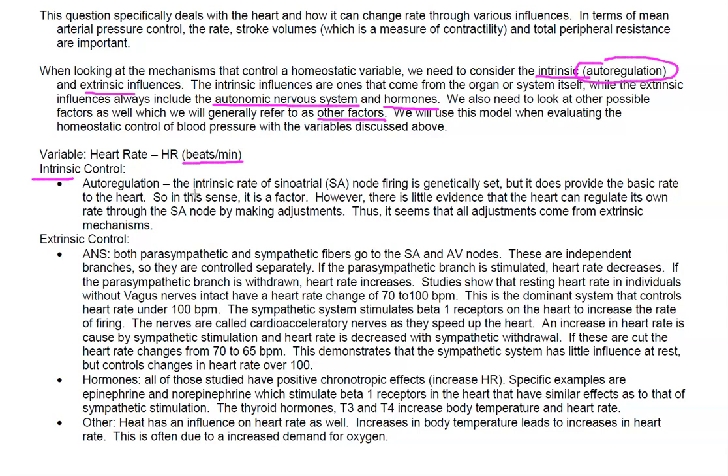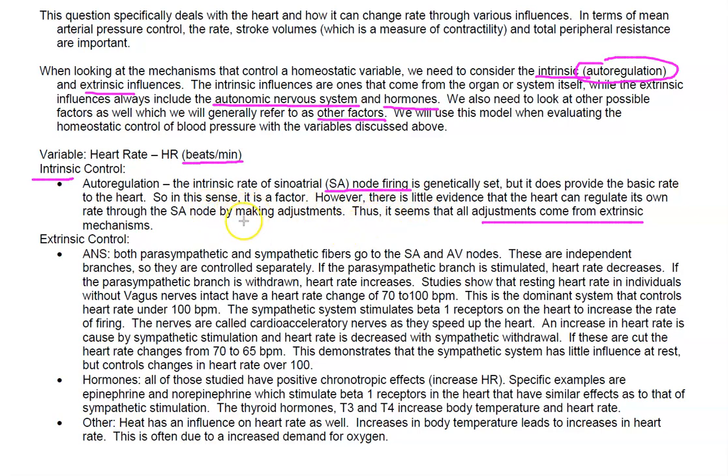there's no evidence that the SA node, that would be the intrinsic, what causes the normal beating of the heart, has any influence in terms of changing itself to try to control heart rate. All of the changes to the SA node come from extrinsic factors. So the adjustments come from extrinsic factors, but we still have to look at the basic SA node rate, which is genetically set.